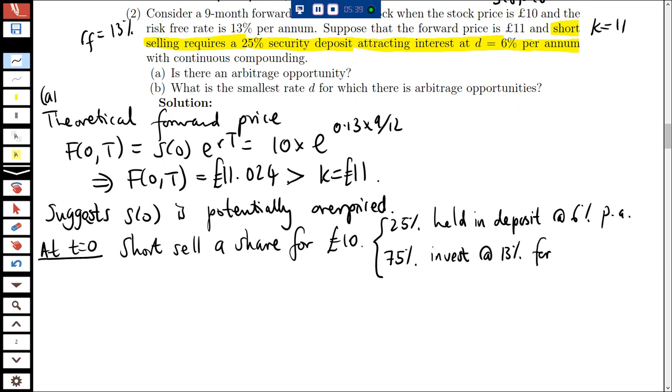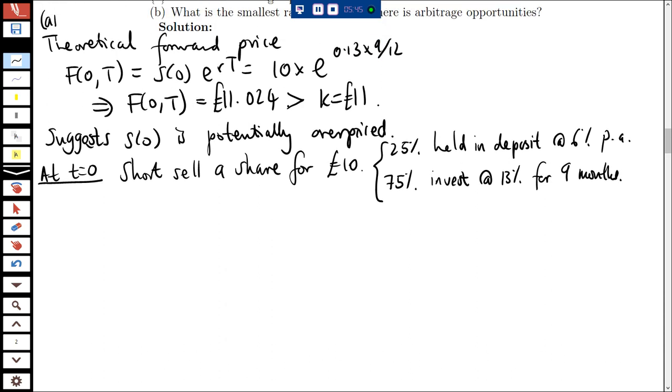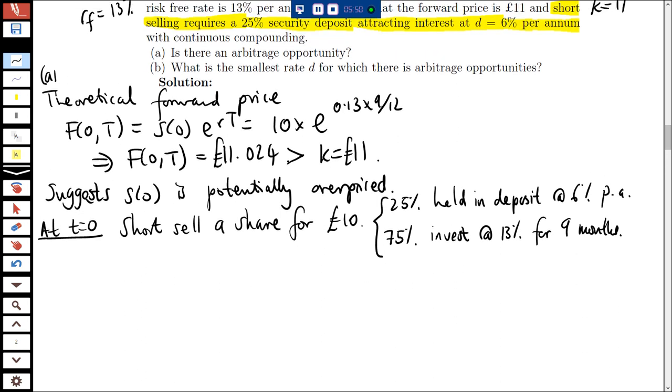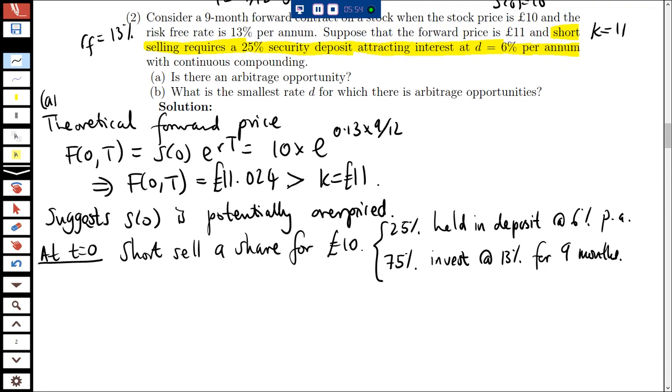Which is held over 9 months. Okay. So that's the short selling side of the stock done.